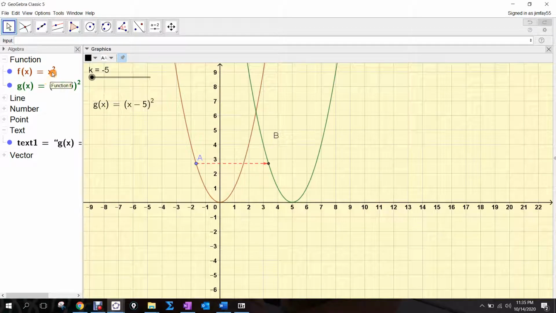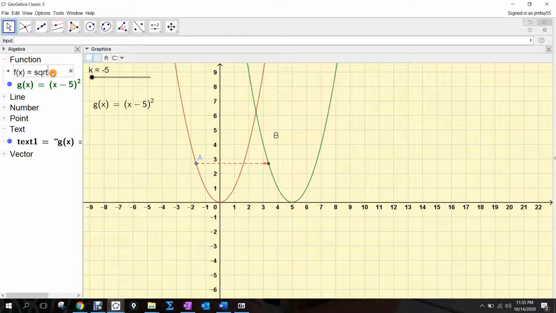vertical and horizontal shifts. Let's go back to one that we used, square root of x.